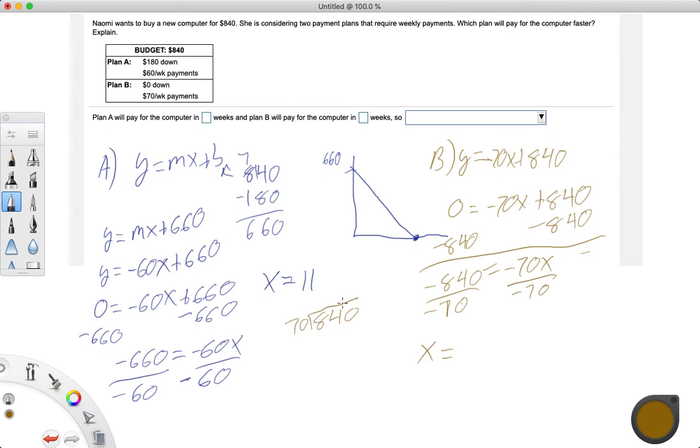Calculator. I should really just have a calculator popped up and ready to go. 70 goes into 84 one time. And that's going to leave 14, which would be twice. So 12. So it's going to take a whole extra week to pay it off this way.